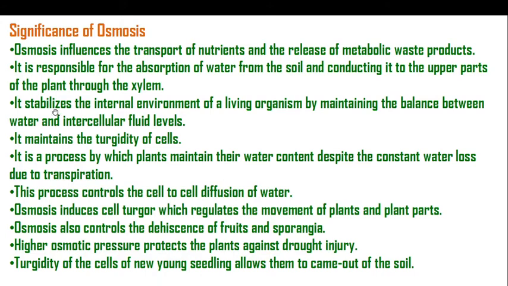So it stabilizes the internal environment of living organisms by maintaining the balance between water and intercellular fluids. Plants, animals, all living creatures need about 80% of water within their bodies. So at that time osmosis can stabilize the internal environment.